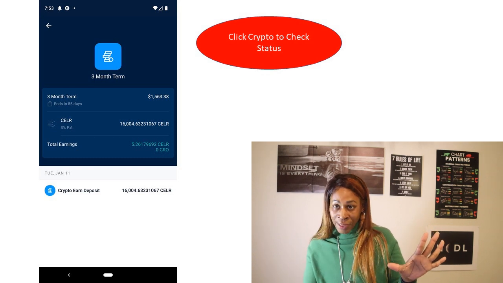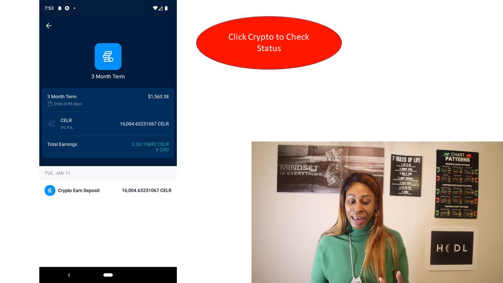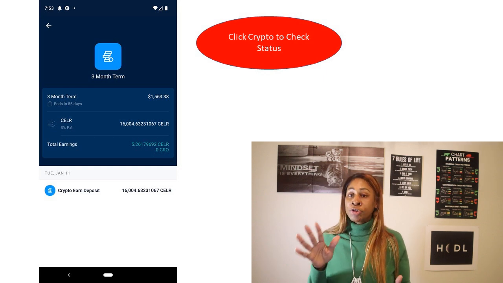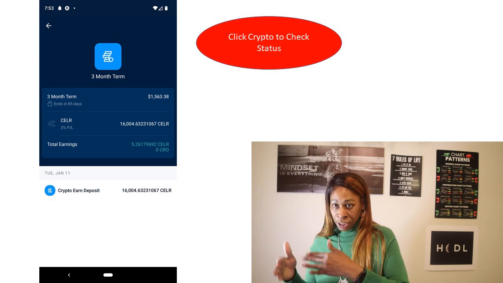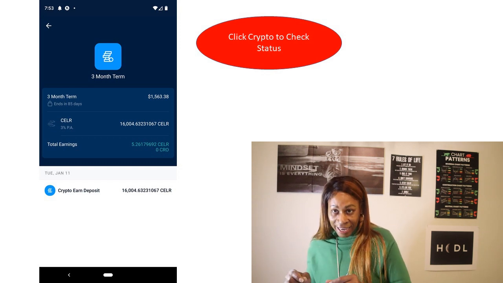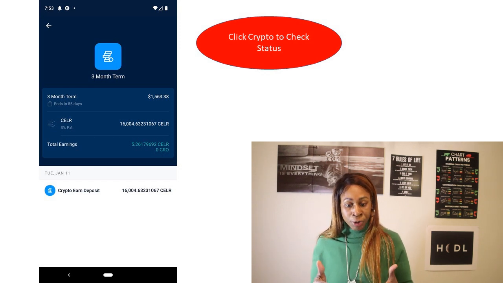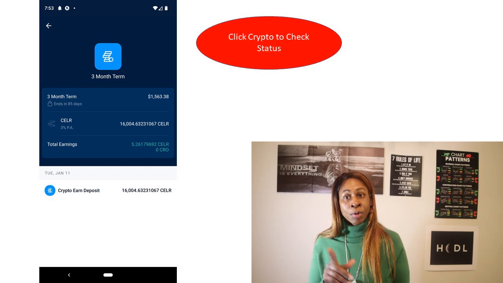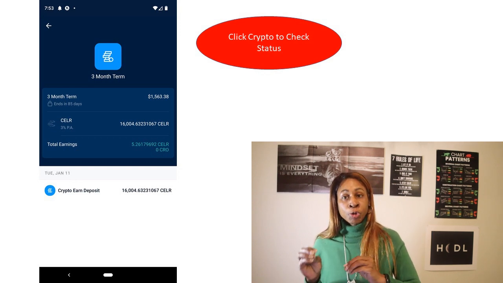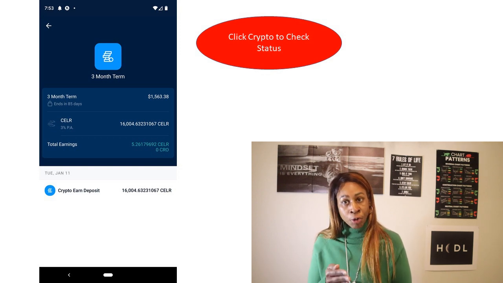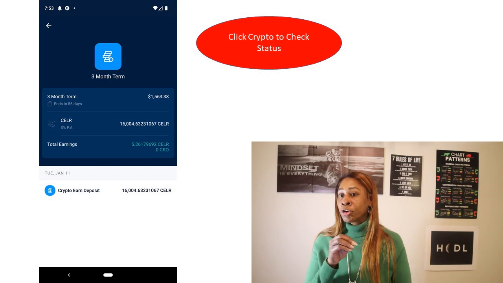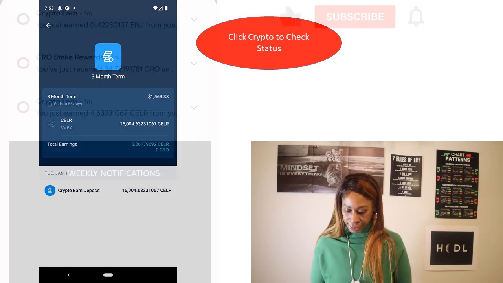On top of that, in the first 5 days, I earned a free 5.2617 tokens. So the token is increasing in price and I'm earning free crypto. You can't beat that with a baseball bat. So you see what I mean about staking? You've got to be using staking and crypto earn in order to earn extra free money, and your tokens are not at risk.